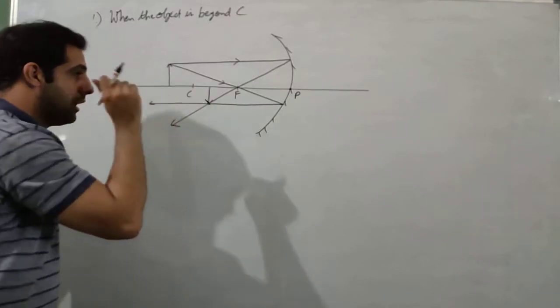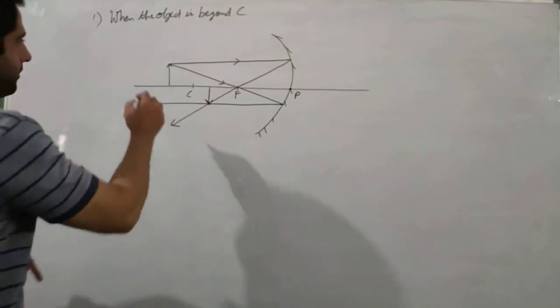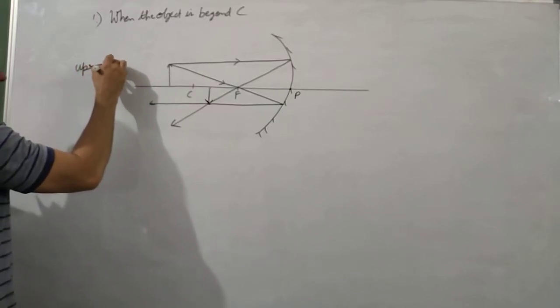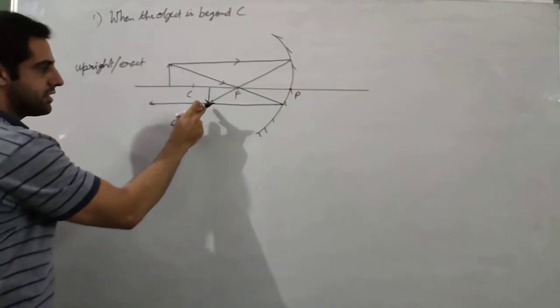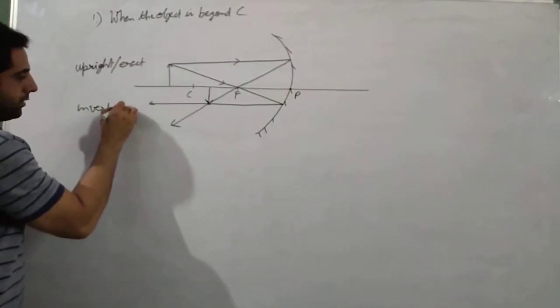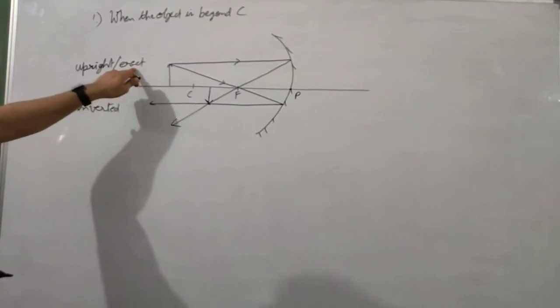Now if you see, the image of the object is inverted with respect to the object. Object is upright. This condition we say upright, or we can say erect. This is inverted. Image is inverted when the object is upright.